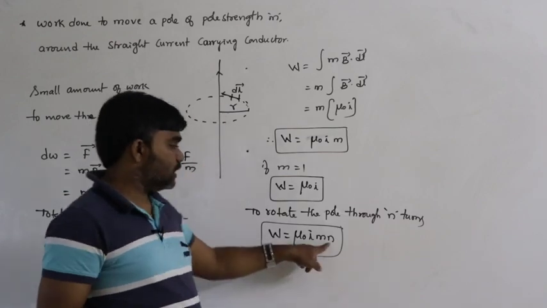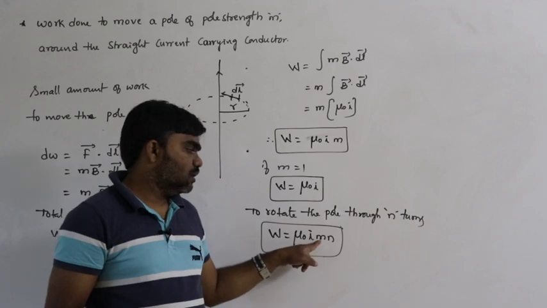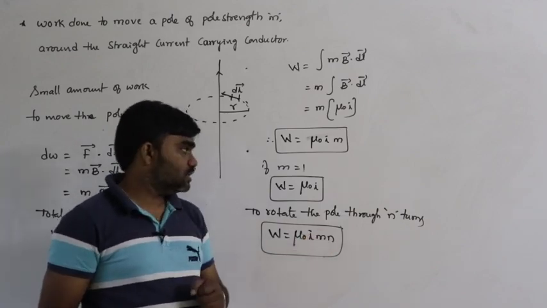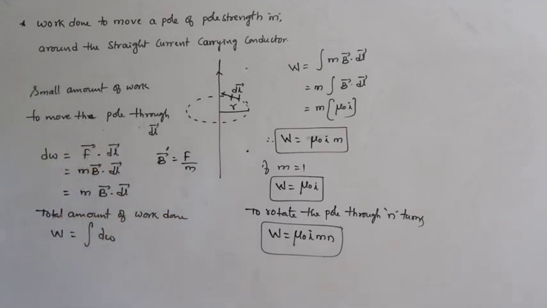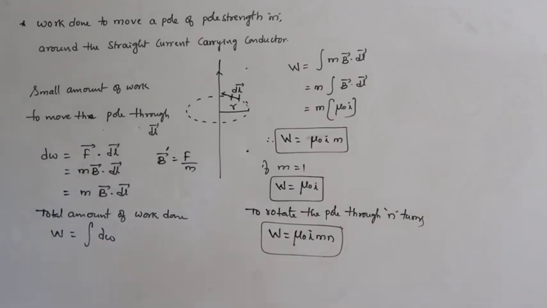How many rotations it takes? That is n. 1 rotation, 2 rotations, 3 rotations, like that. What is m? Pole strength. What is I? Current. So this is the work done to rotate the pole around the straight current carrying conductor. So simple thing it is.